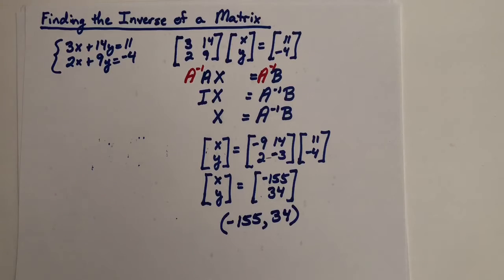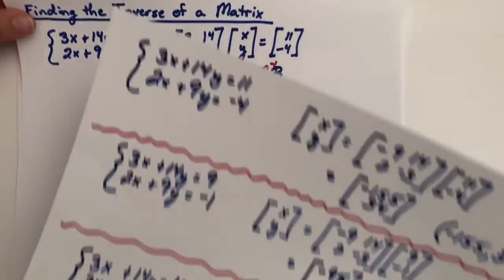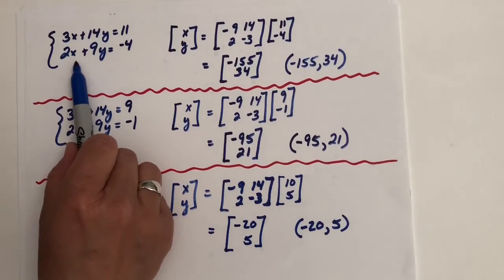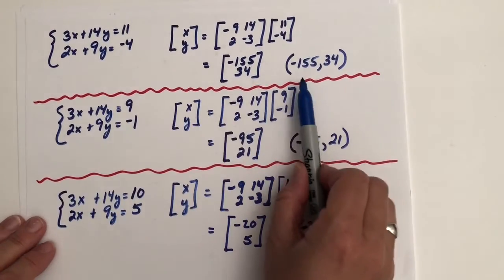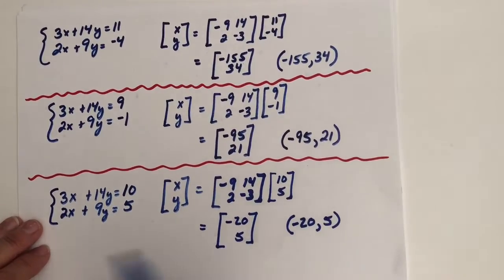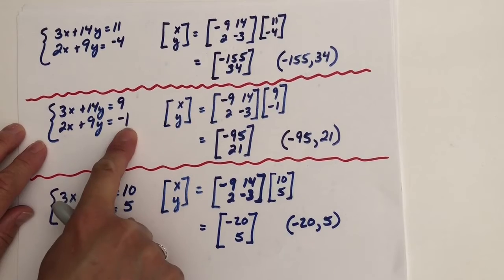So one benefit of this particular strategy is if you had a number of systems to solve that had the same coefficients for X and Y. For example, I just listed a few. This is the system that we just solved, and we saw that -155, 34 was a solution. But what if you wanted to just tweak the system a little bit and you had different constants?